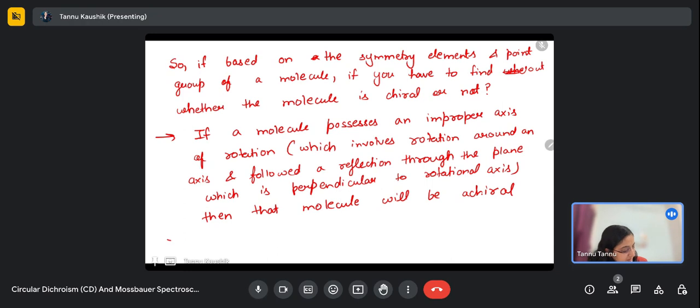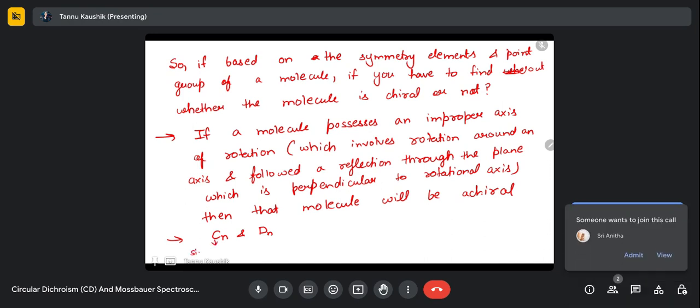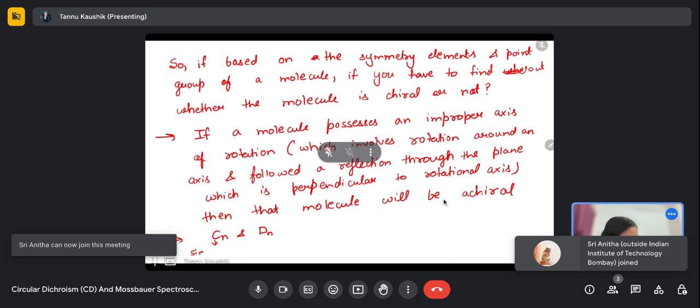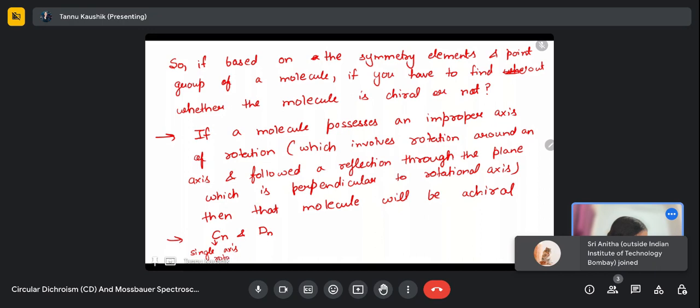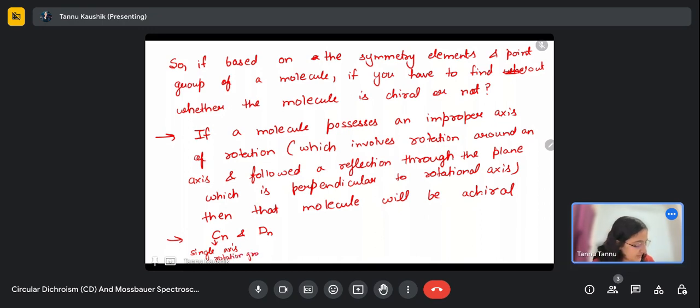Based on that you will see that only Cn, the single axis rotation group, and Dn, the dihedral group, will be chiral, because these are the two point groups which do not exhibit an improper axis of rotation.